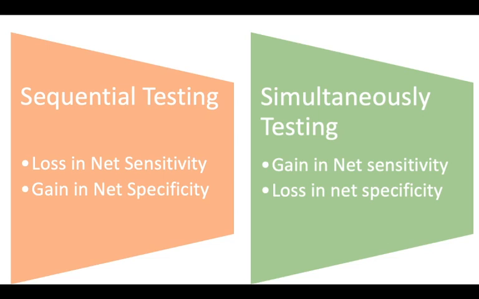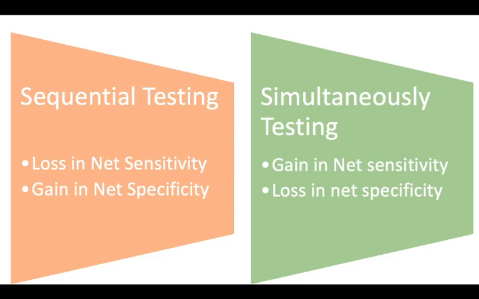So we want to assess the loss in net sensitivity and the gain in net specificity in sequential testing. To understand this better, consider a blood sugar assessment for a general population.